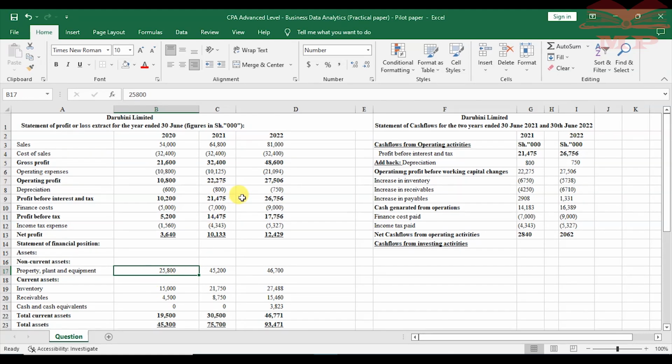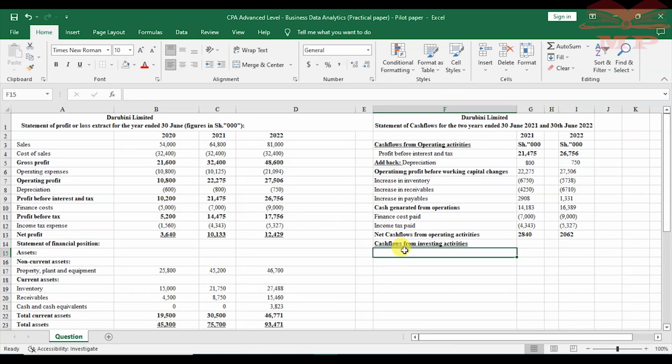So what we do to get what was purchased is take the balance at the end. On it, you add depreciation that was charged. Then you deduct the balance at the beginning. That will give you what was purchased during the year as far as property, plant and equipment is concerned.